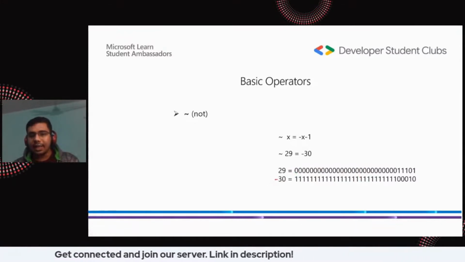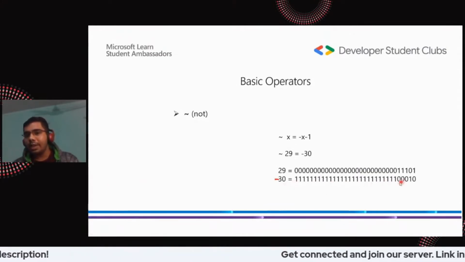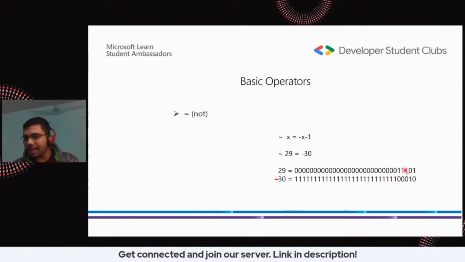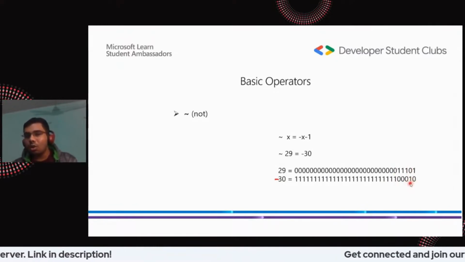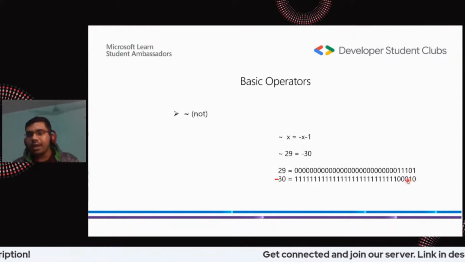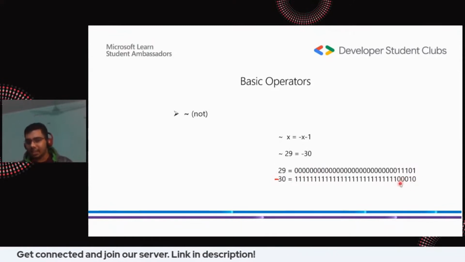So if you look at minus 30, what minus 30 tells us is that all the other bits are 1, and the 1s we have in 29 are the zeros in minus 30. And look, the rest is actually the NOT operator. When the NOT operator is applied on 29, minus 30 is the result you get.